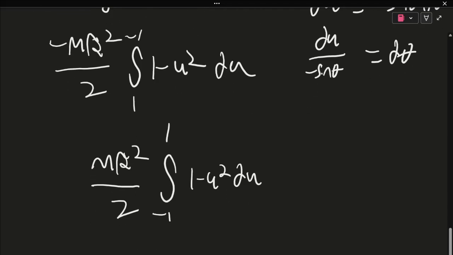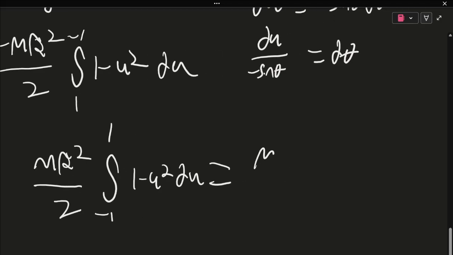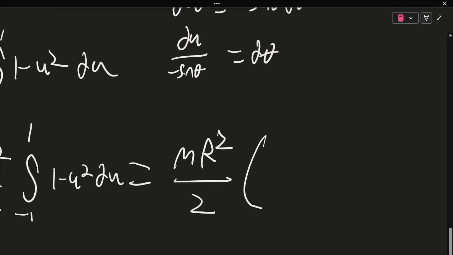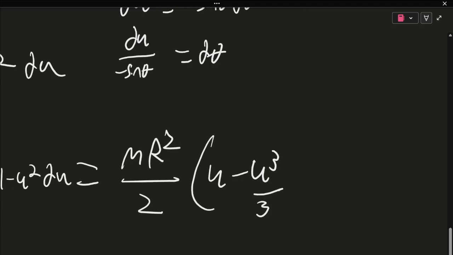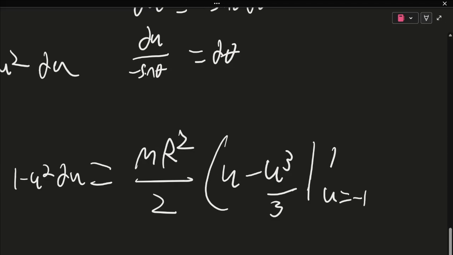And then here it's just a basic integration, so this is going to be mass times the radius squared over 2 times u minus u cubed over 3 evaluated from u is equal to negative 1 to 1.